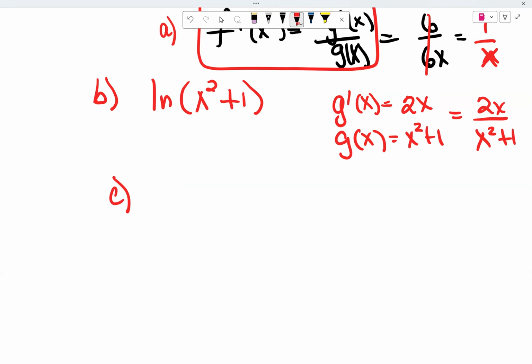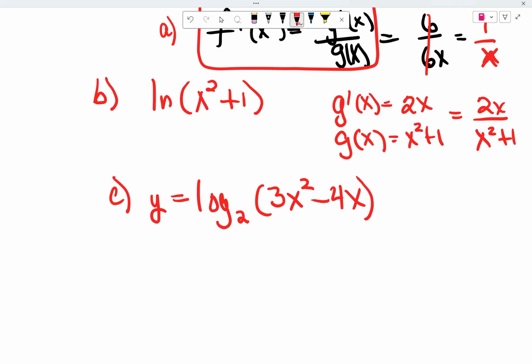So the third example of the same type is y equals log base 2 of 3x squared minus 4x. And so, long story short, our derivative would simply be 6x minus 4, correct?